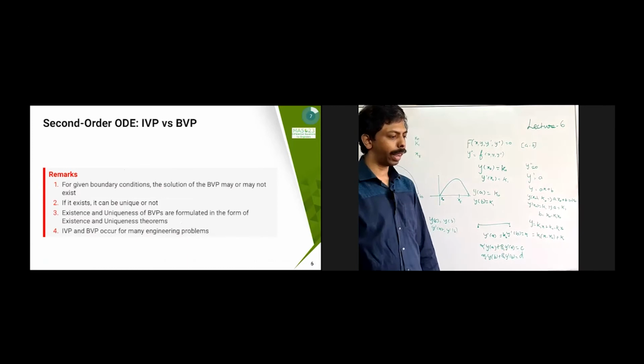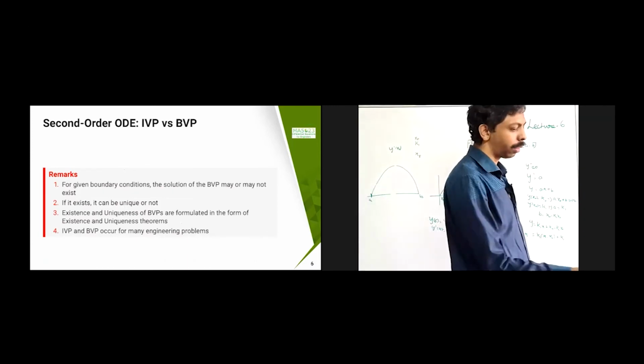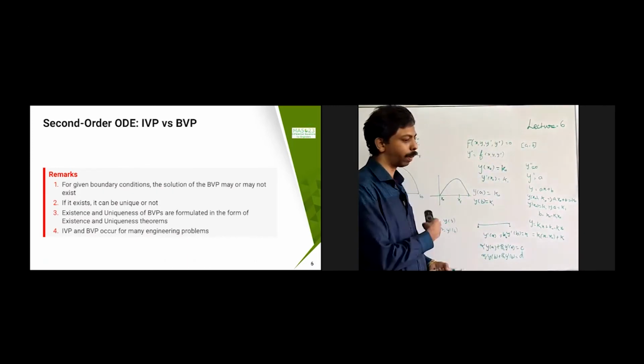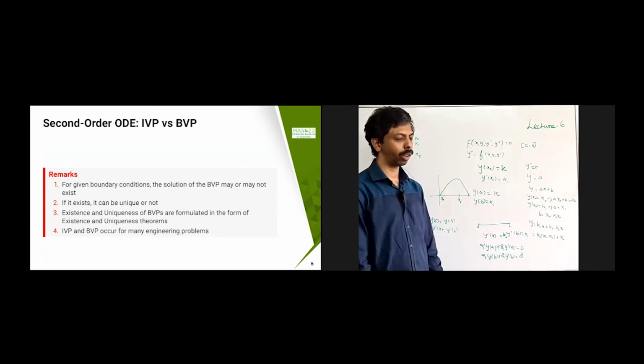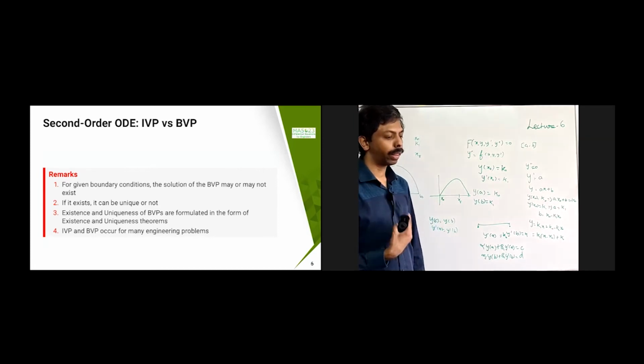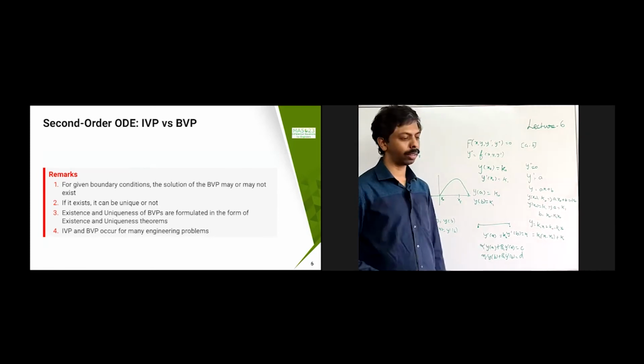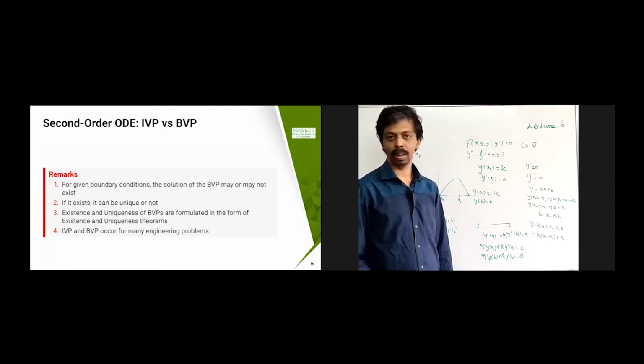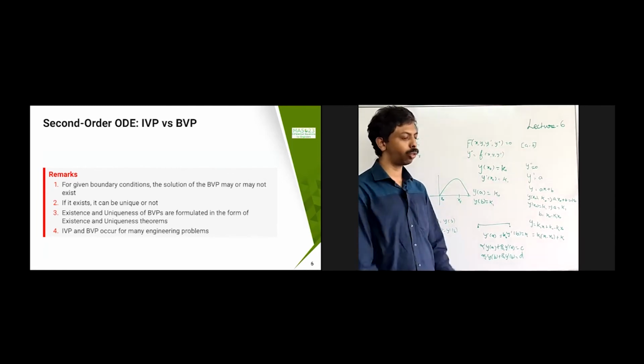This is the one which I have already explained, what the IVP and BVP are. For a given boundary condition, the solution of the BVP may or may not exist. Even though boundary conditions are given, sometimes the solution may exist and sometimes it may not, so we need to study that.